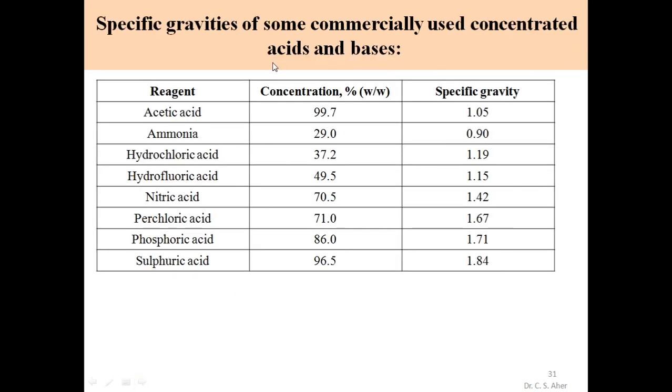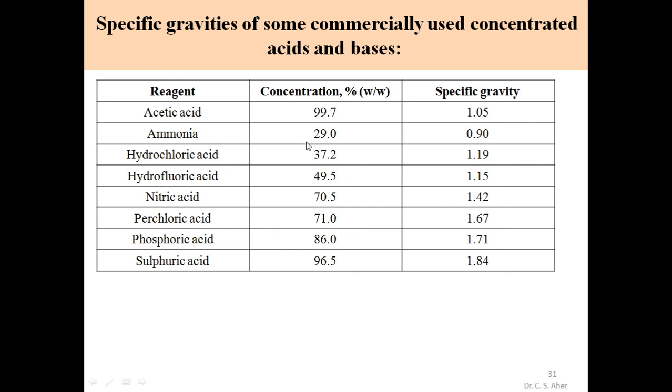We have a table showing the specific gravity of some commonly used acids and bases. These are the reagents, acids and bases. The concentration is given as weight to weight percentage, along with the specific gravity, which is dimensionless. Acetic acid 99.7 weight to weight percent has a specific gravity of 1.05. Similarly, ammonia base 29 weight to weight percent has a specific gravity of 0.9.